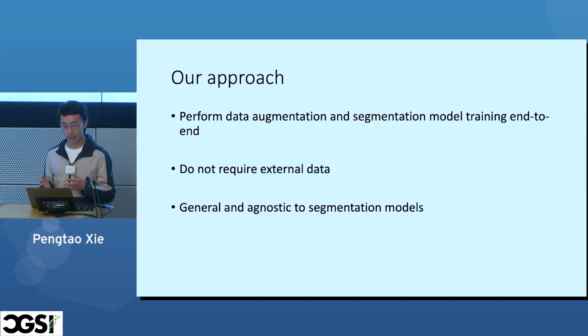And our method does not require external data. What we have access to is just a few labeled images for the semantic segmentation task, and that's all the data we have access to. We don't need any external unlabeled images.